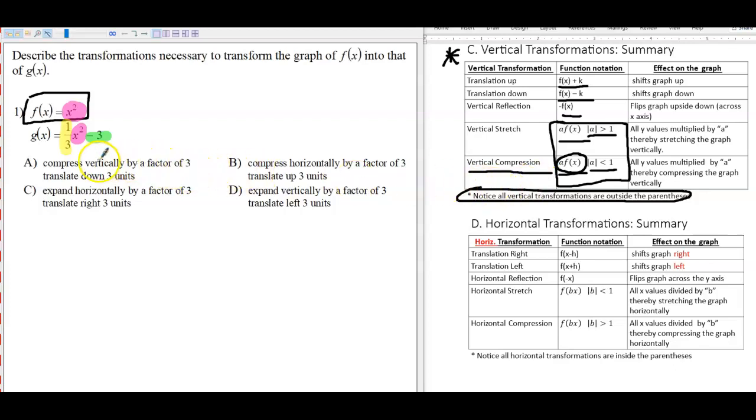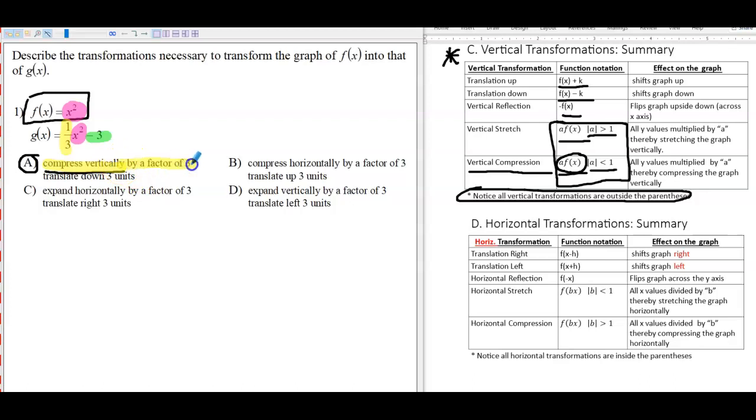So let's look in here and see what we can find. I see compression vertical here. I don't see any other ones there that do that. So I already know the answer's got to be A. But I'm going to go ahead and do the rest of it because there's more there, but it doesn't really matter. We already know the answer's this one.